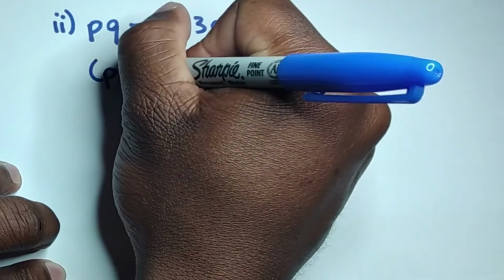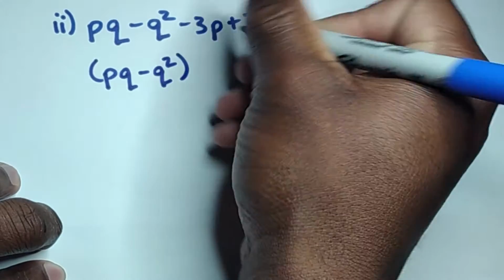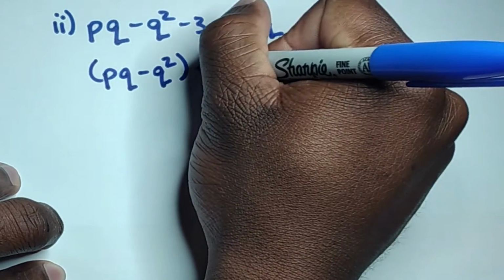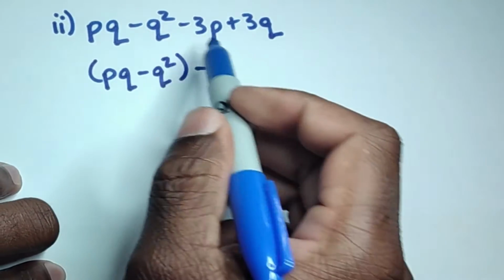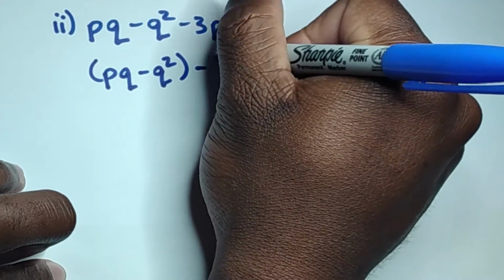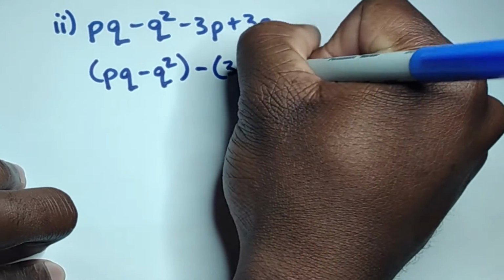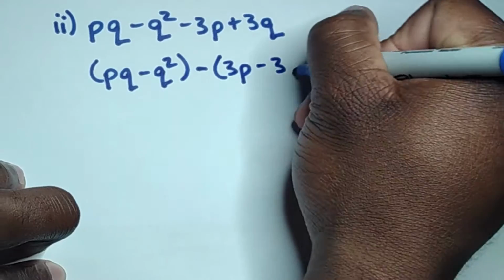So we have pq in one bracket minus q squared, and put back our minus sign. Now the key thing about this is that if we add a minus sign out here, that will affect what will go inside of the bracket. So we'll have 3p minus 3q.